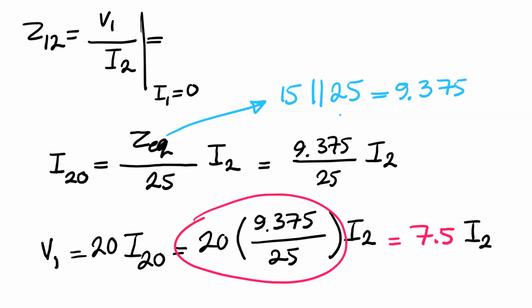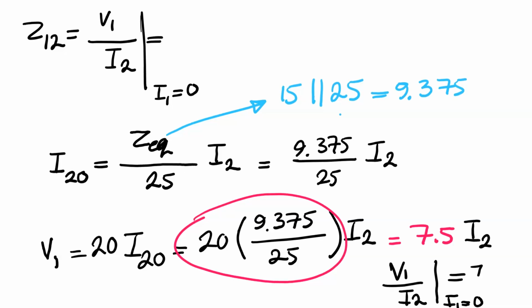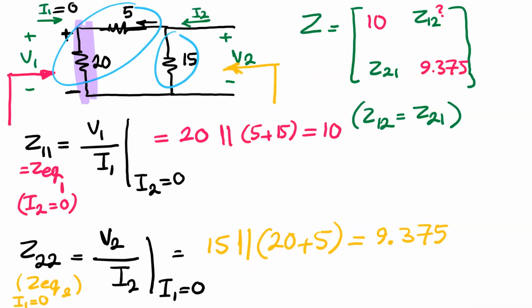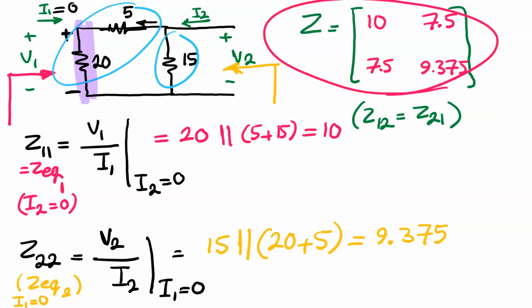So V1 divided by I2, when I assume that I1 is equal to 0, is equal to 7.5. So now I can complete my Z matrix, and I know that these two are 7.5. So this is the Z matrix for this two-port circuit, which describes the voltages of this circuit, V1 and V2, as a linear combination of I1 and I2.